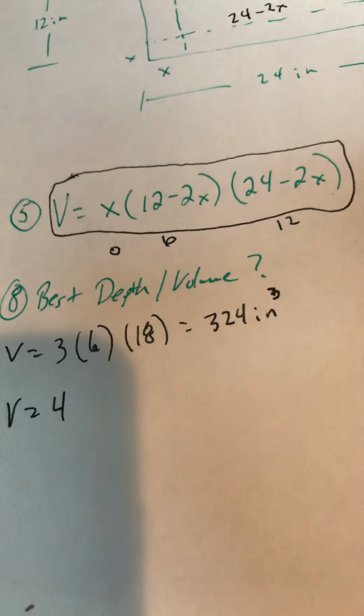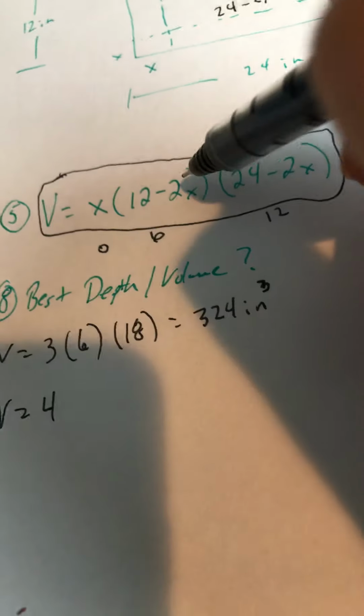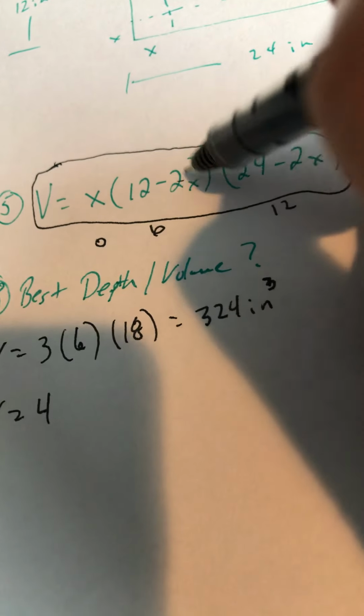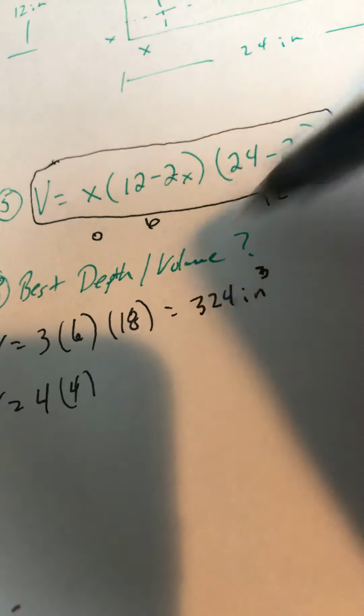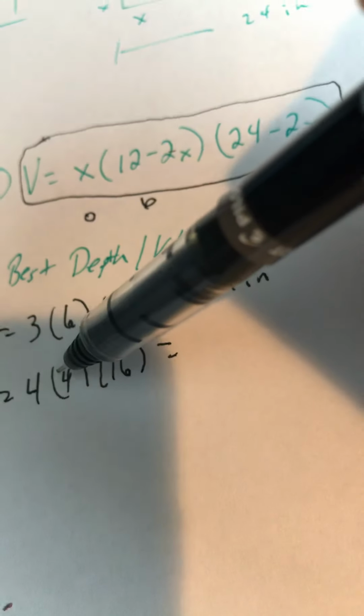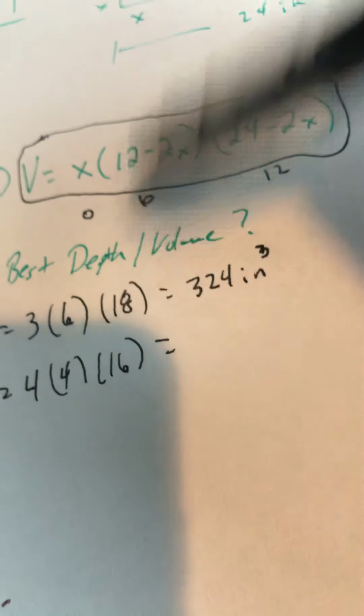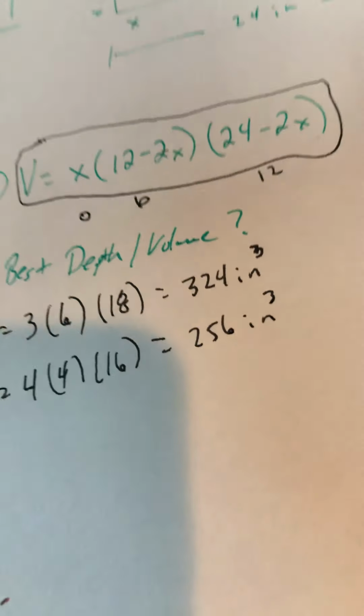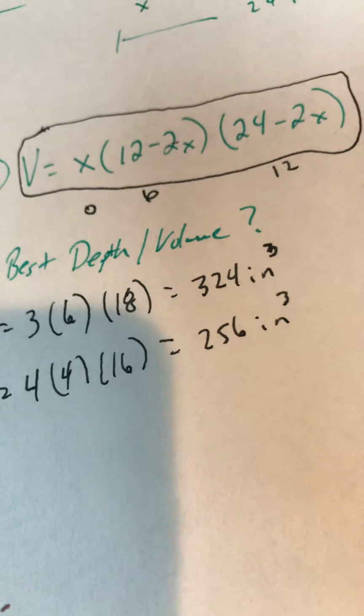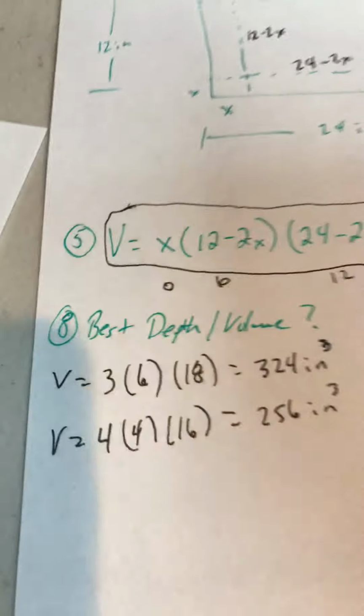If I use a depth of 4, what do I get? So if I plug it in, I get 12 minus 8, which is 4, and 24 minus 8, which is 16. So 4 times 4 is 16. 16 times 16 is 256. So I don't have to go farther that way. The 3 is bigger, and we already know what 5 is.